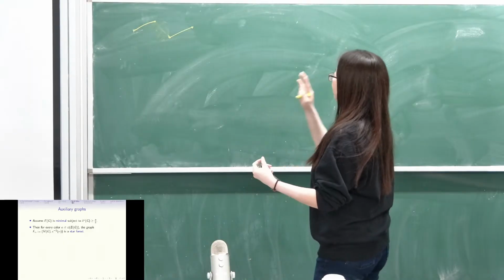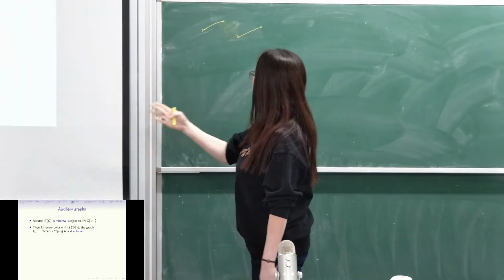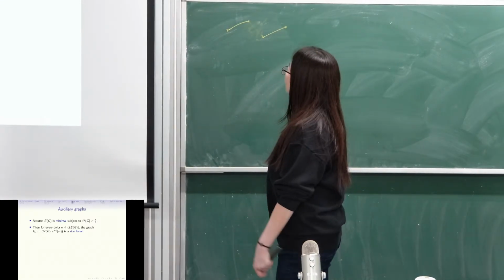So at the very beginning, I can say my graph is minimal. In that sense, I'm not going to have any monochromatic path of length 3.